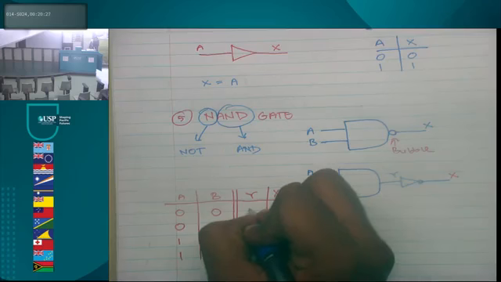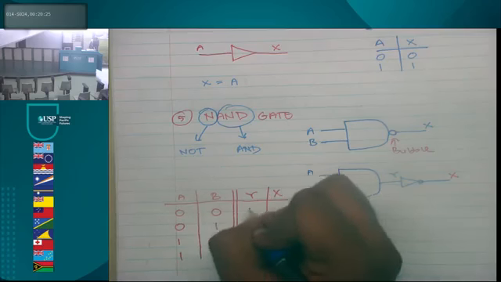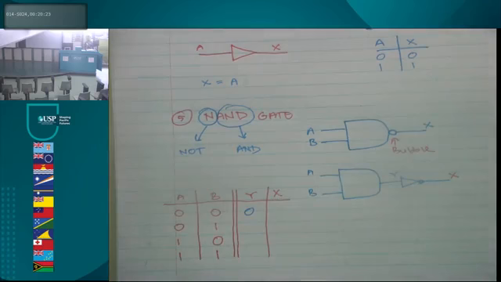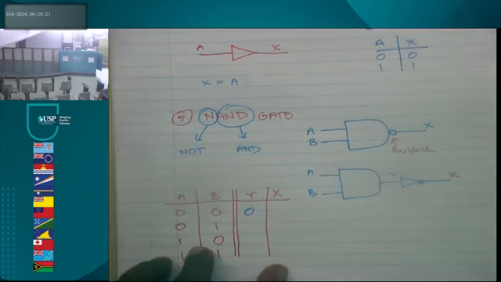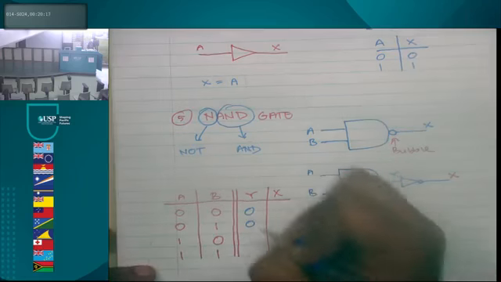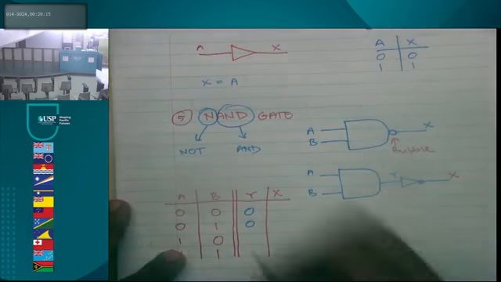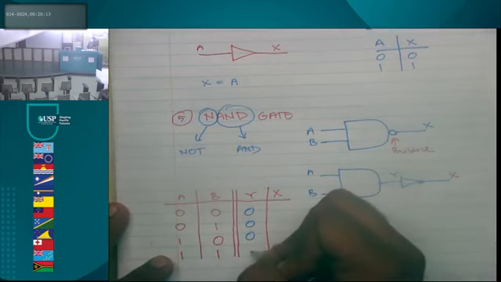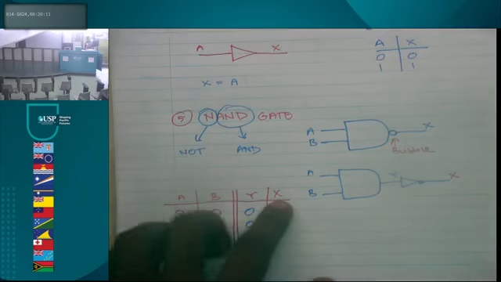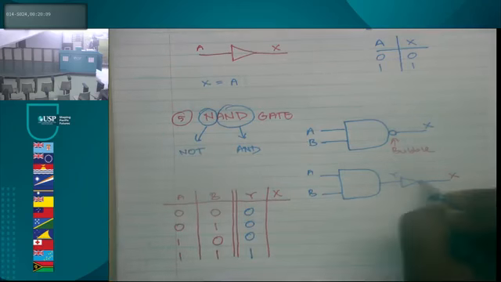Anybody? 0? Please speak up, eh? Okay, 0, 1 for your AND gate was? 0. What about 1, 0? 0. 1, 1? 1. So now X is showing after this, okay?